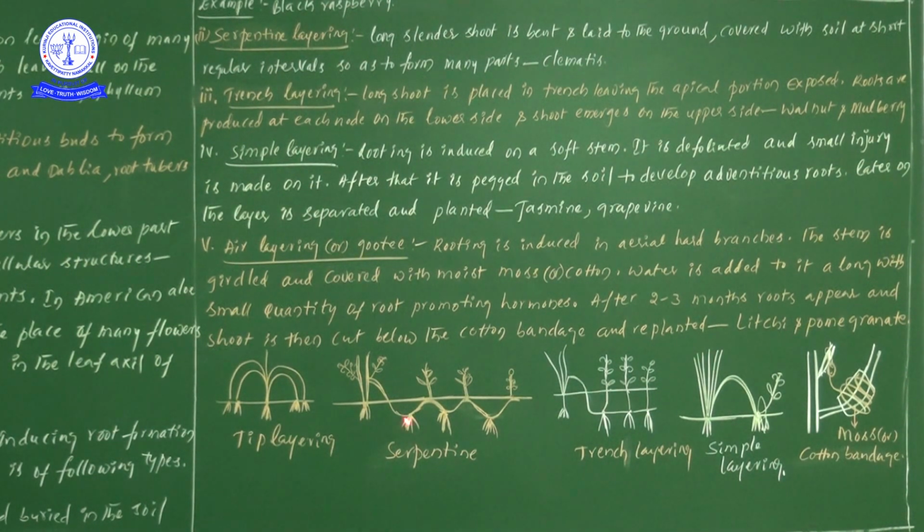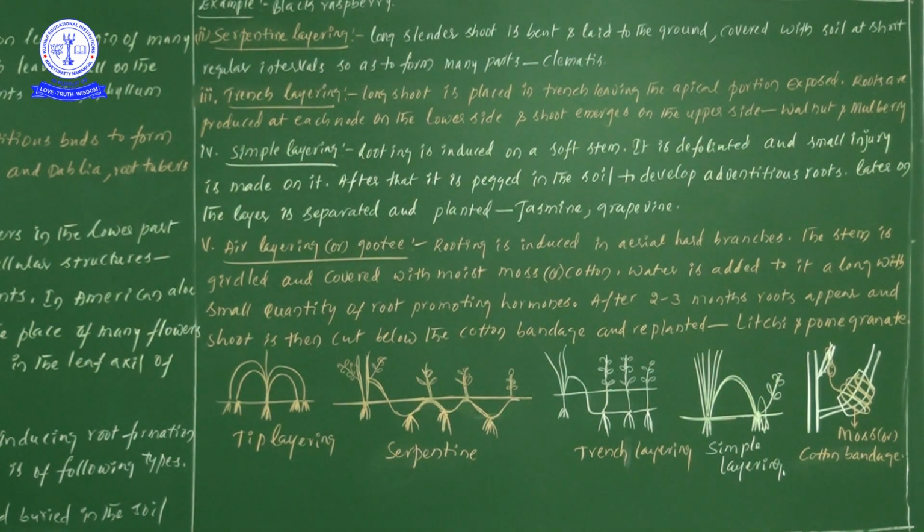So when we would like to separate, we can cut it into mini parts, and we can use them for many purposes, such as replanting the plant in another place. This type of layering can be seen in clematis.